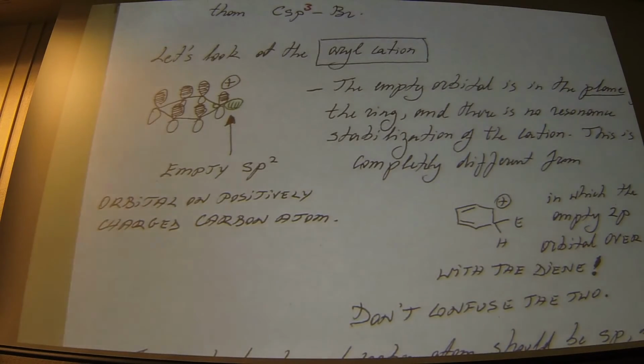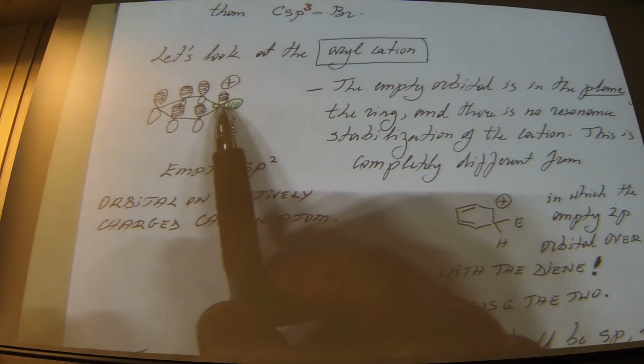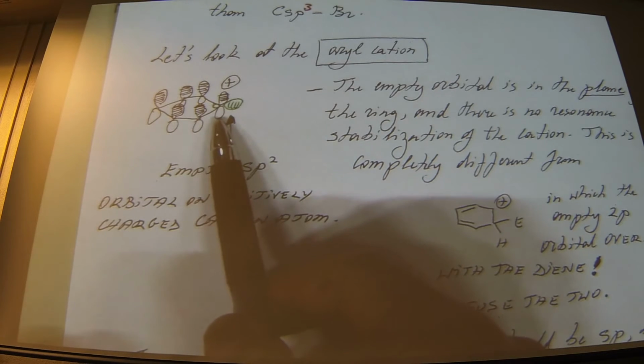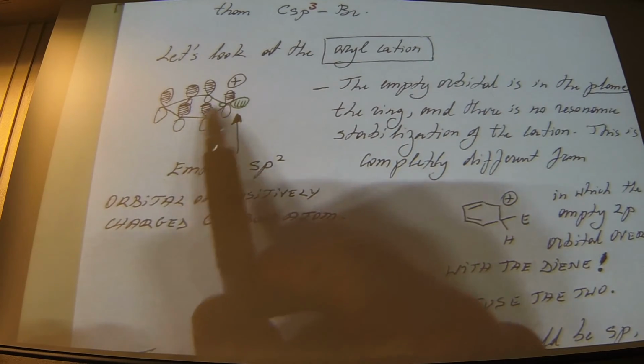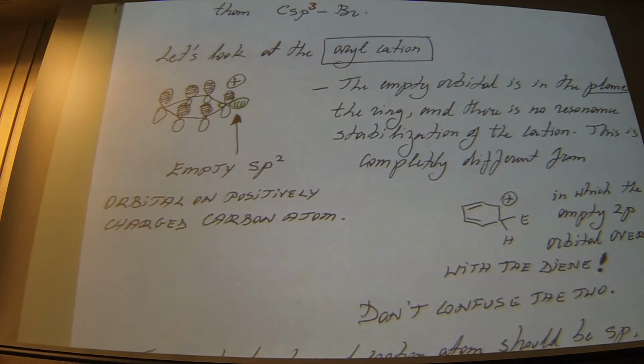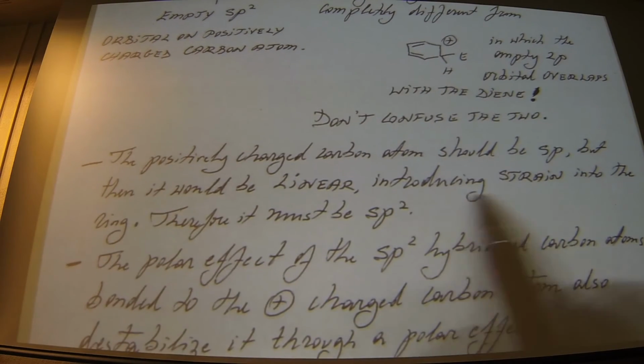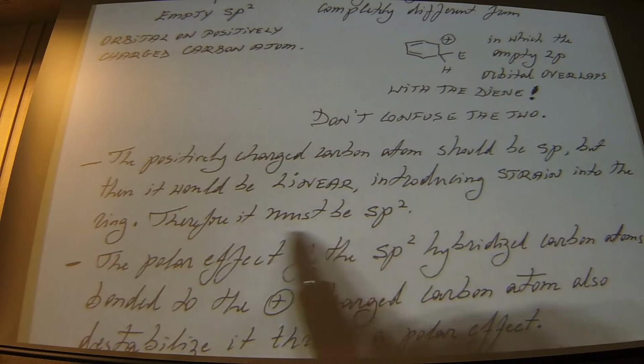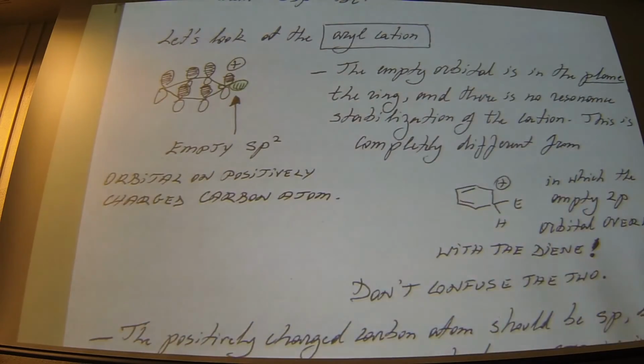Well, if I make this an sp hybrid, then I will have 180 degree bond angles, and that's again not going to be possible in that ring. You just can't do it. So that will introduce an awful lot of strain into that benzene ring, and that's just not sustainable. And so it has to be sp2 as a result. This has to be sp2 hybrid.